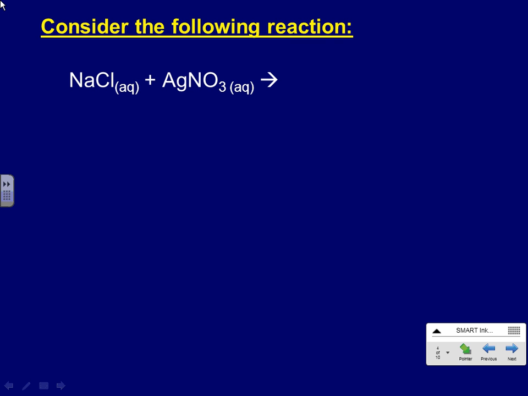In doing these questions, always start with the regular balanced chemical equation, just like we would if we were doing a regular double displacement reaction. So go ahead and trade the partners, cross over to get the proper formulas, balance, and use your solubility chart to determine whether you get a solid or whether it is aqueous.